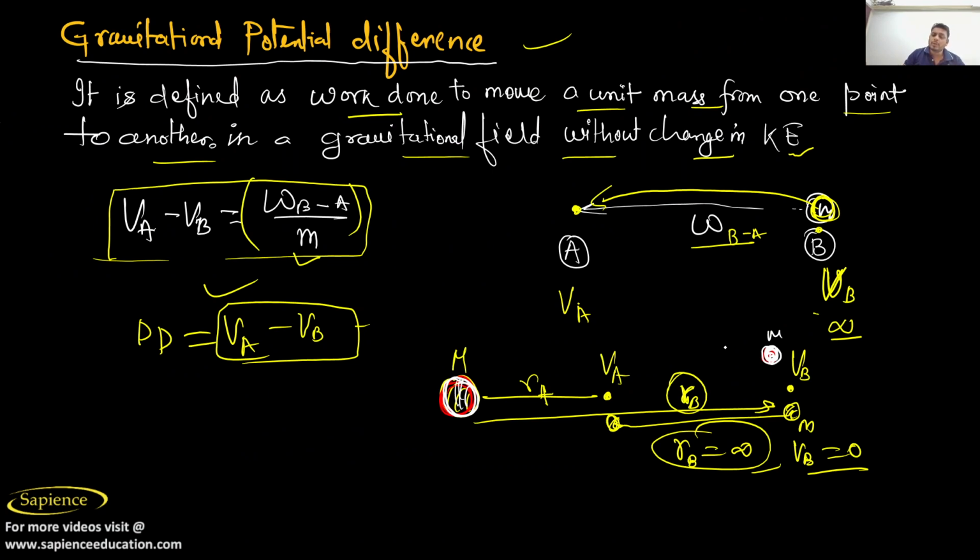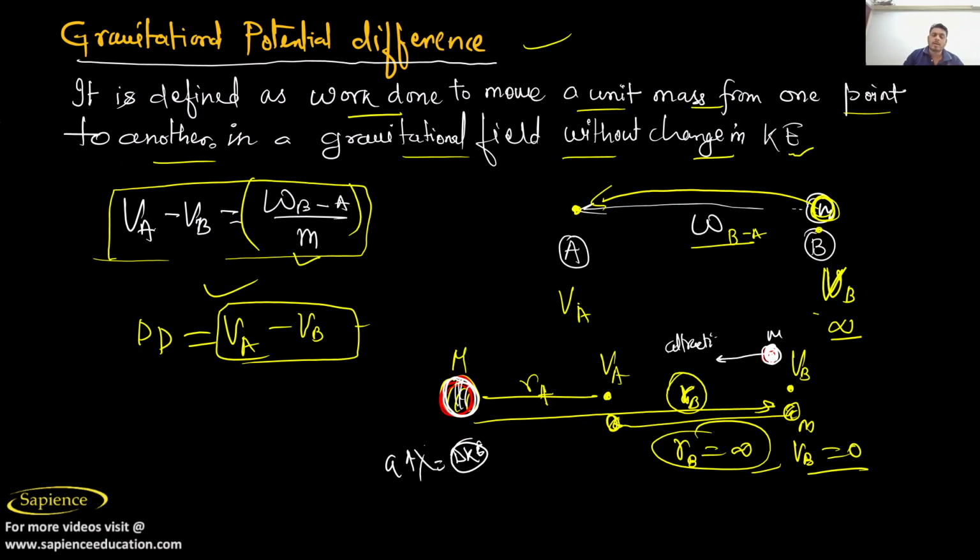Now see here, you know the force here is an attraction force. So if you release this mass nearby, what will happen? This mass will automatically come to this point. But as soon as it comes, there will be an acceleration, meaning a change in kinetic energy.